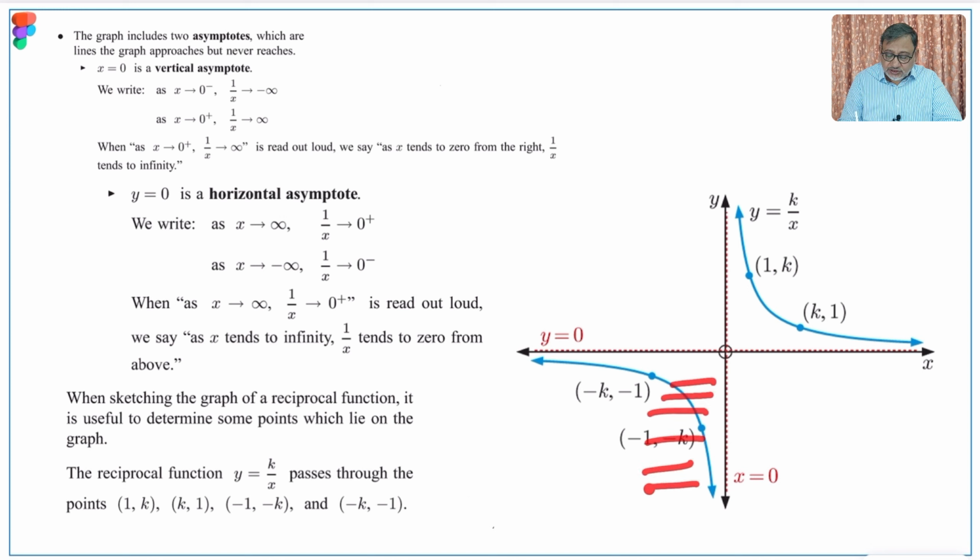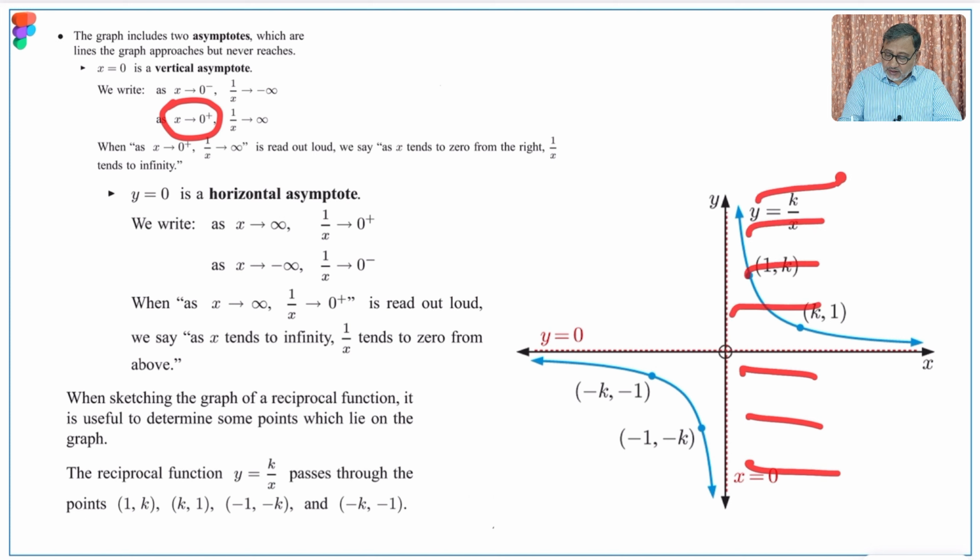So here, how is your graph? When x tends to negative infinity, 1 upon x is below the x axis, it is going towards negative infinity. And when you take the right side of 0, when x tends to 0 plus, meaning to this side, then your 1 upon x will tend to positive infinity, meaning your graph will go up and up towards positive infinity, though it will never be infinity.